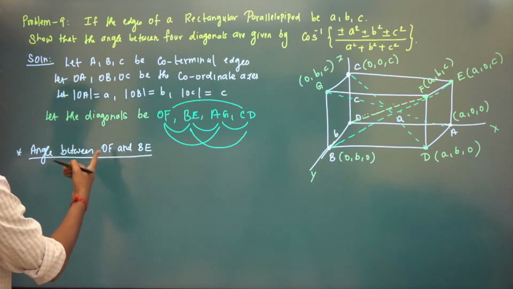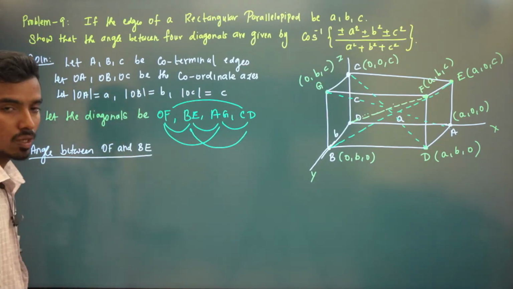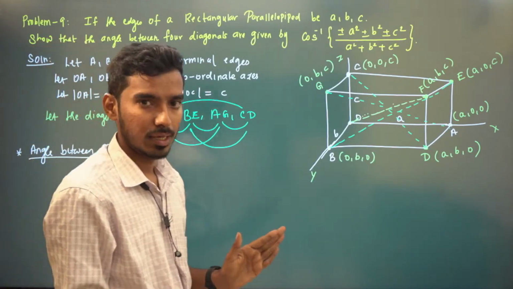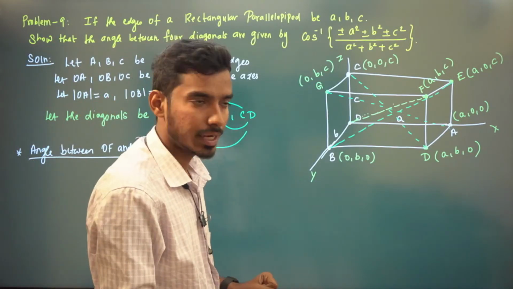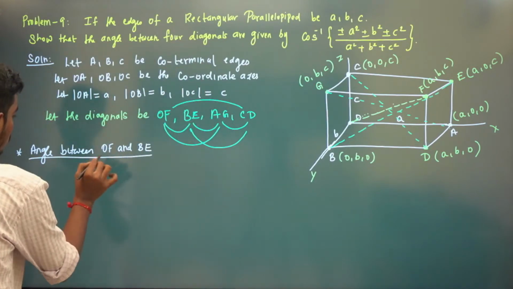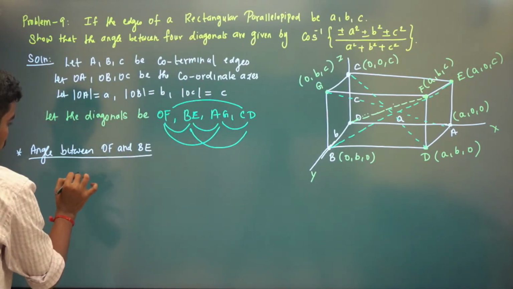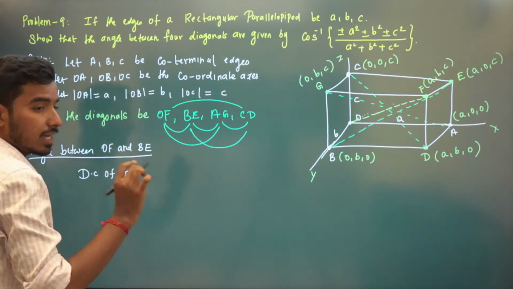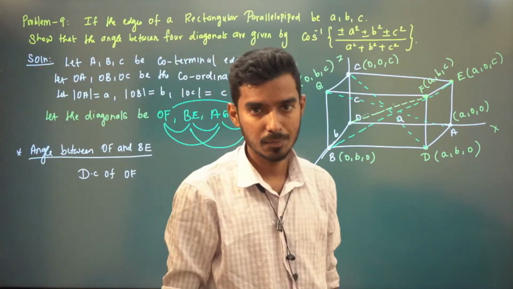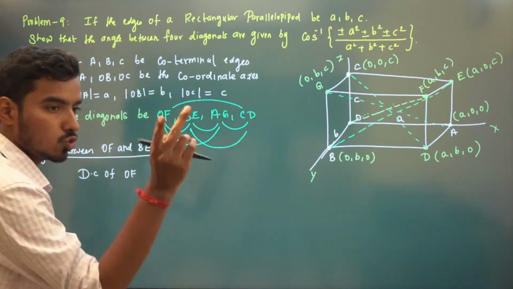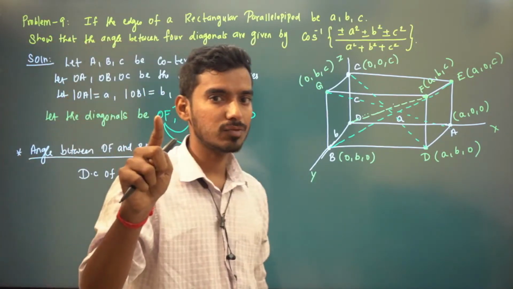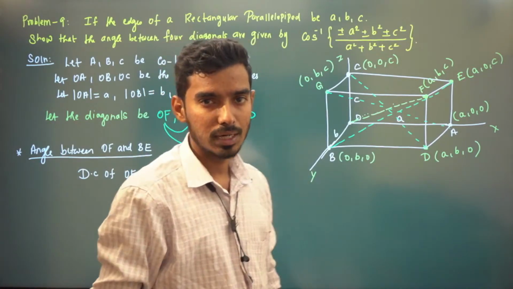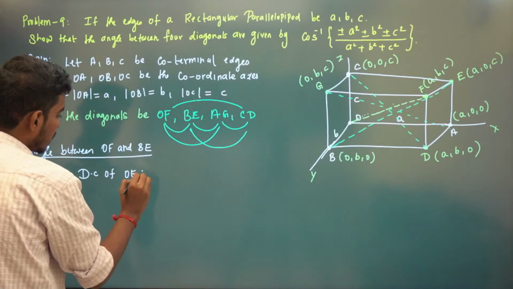Okay, so first we will find the angle between OF and BE. Now, find the direction cosine of OF, find the direction cosine of BE, then you can easily find the angle between them, right? Now what is the direction cosine of OF? What is the direction cosine of the line joining two points? We know, right? x2 minus x1 divided by the length, y2 minus y1 divided by the length, z2 minus z1 divided by the length.